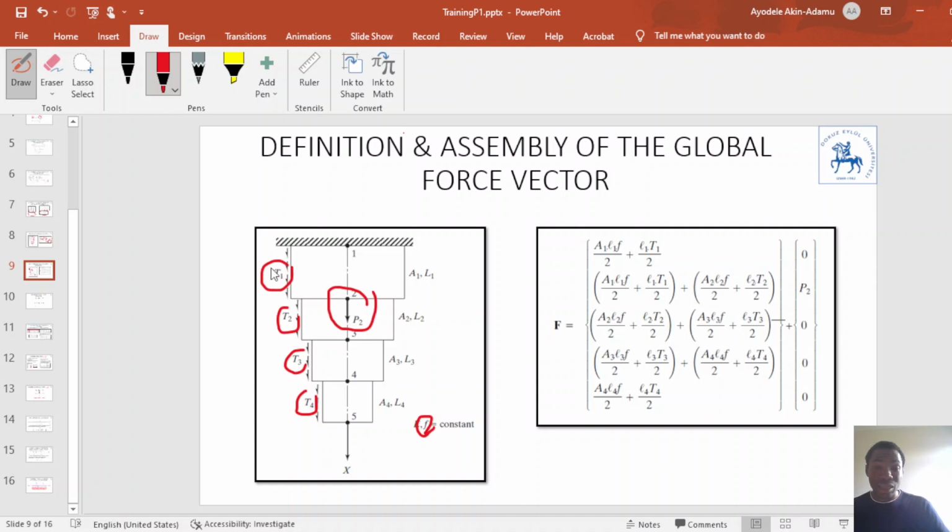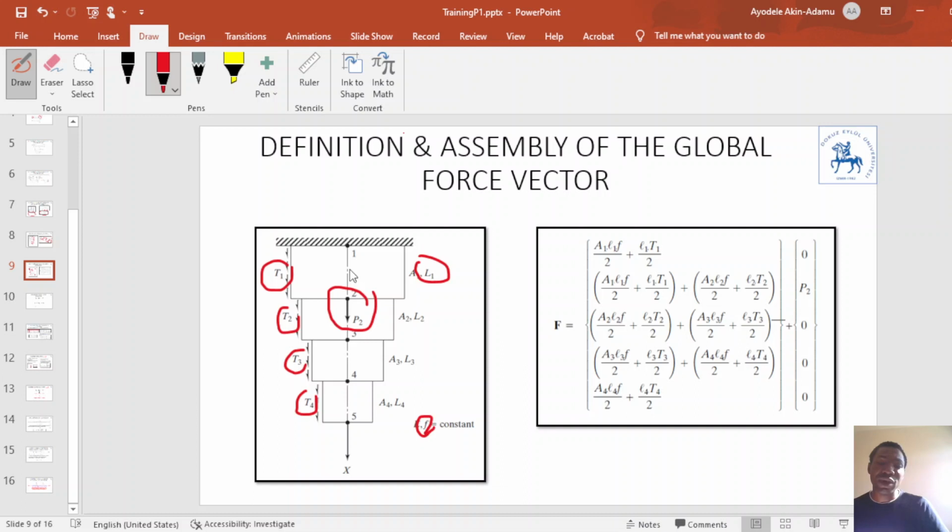So to form the force vector for the traction force, let's consider element 1, with traction force T1 acting on it. The total traction force acting on element 1 is given by T1 times L1, where L1 is the distance between node 1 and node 2. This total force is divided between the two nodes of the element.